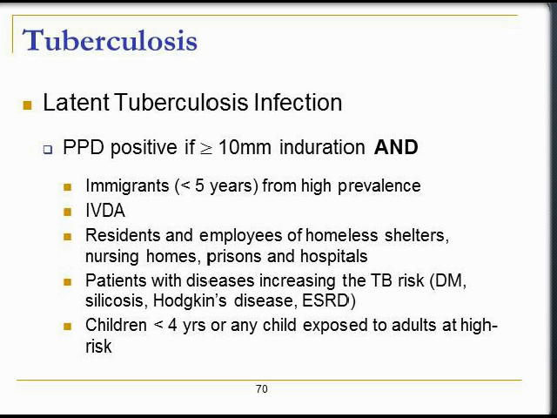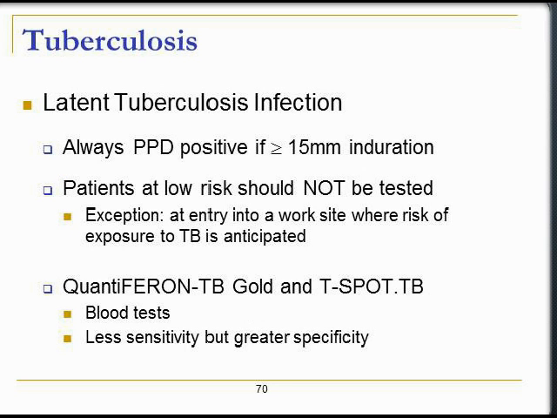If it's 10 or more, and they're an immigrant from a high prevalence area or IV drug user, etc., you can read those there, they need to be treated. And then finally, if it's 15 or more, they need to be treated. Anyone who's 15 or more, even those at low risk.